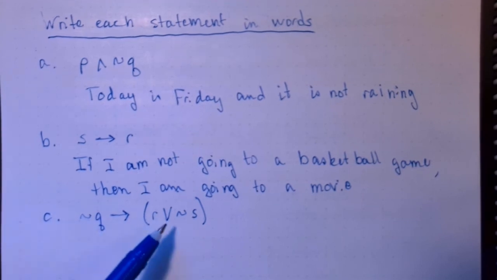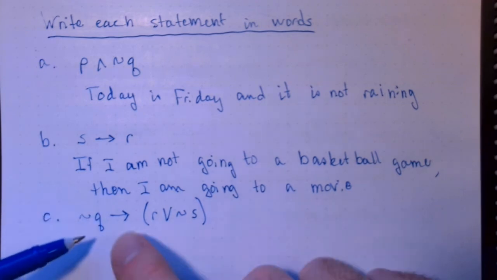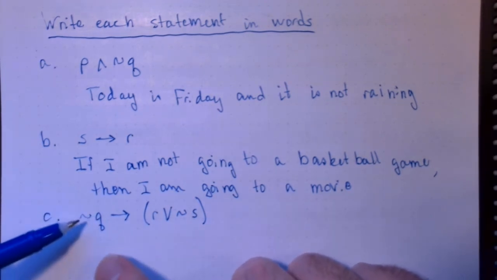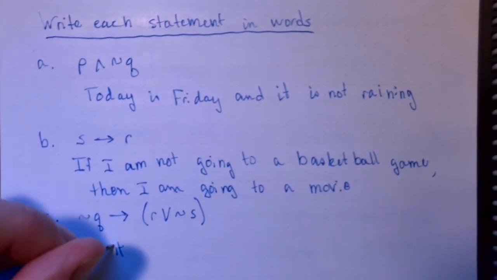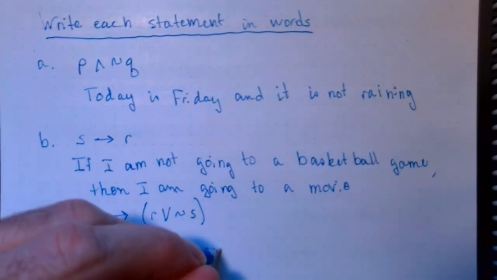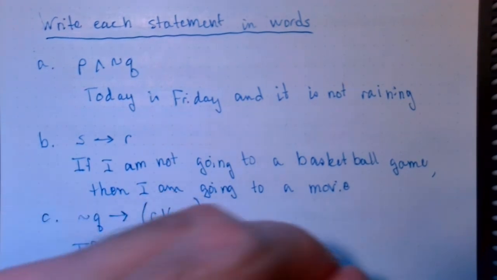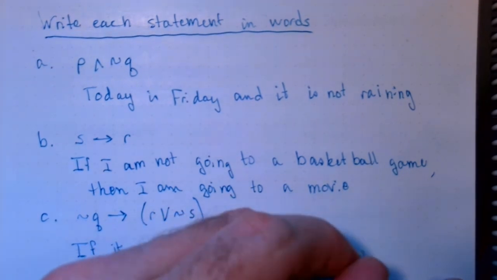Okay, here. Not Q implies R or not S. Now, we've already flipped back to the statements a couple times, so I'm not going to do that again. You probably just remember that Q is, it is raining, but this is not Q. So if it is not raining, then, now R, you remembered that was movies.